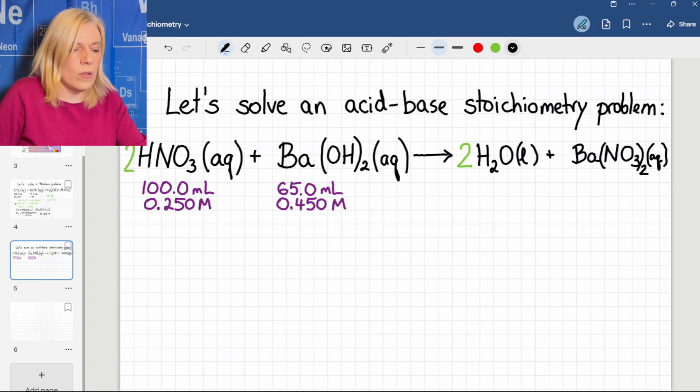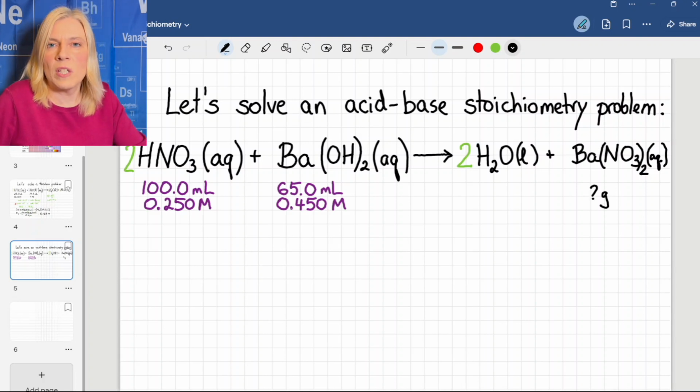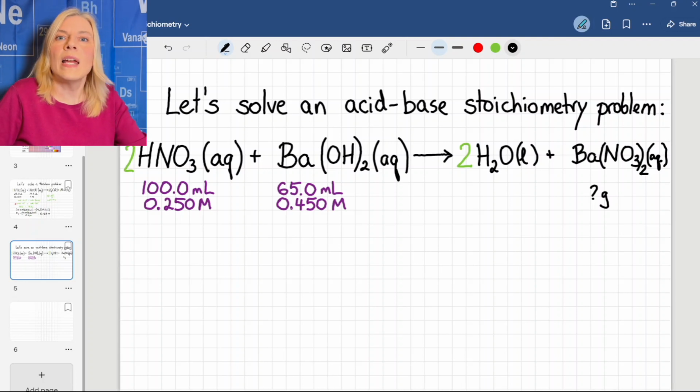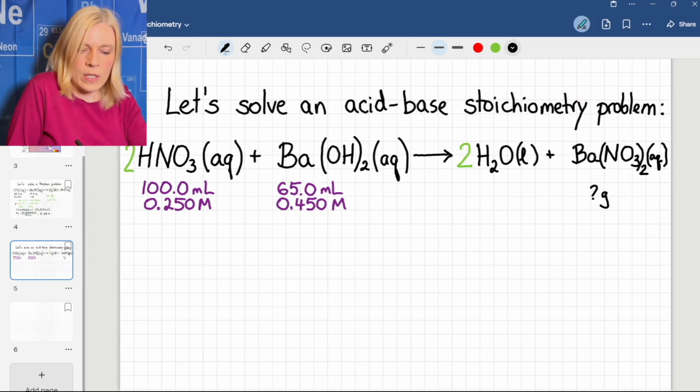And what the heck, let's also figure out how many grams of barium nitrate we can make. If we get rid of everything else and we put barium nitrate together, how many grams will that salt be? I think the easiest way to do this is a RICE table, a stoichiometry table.